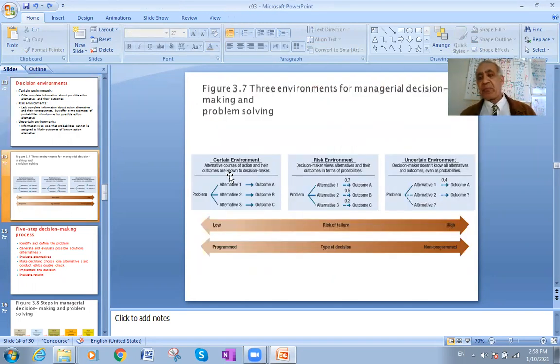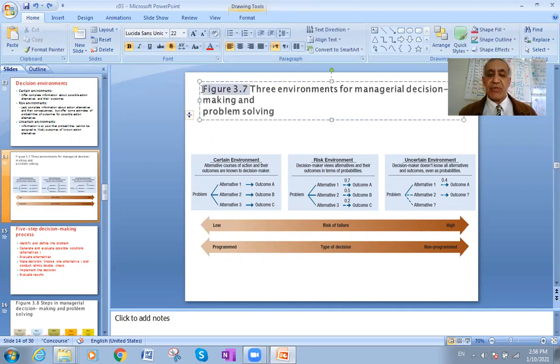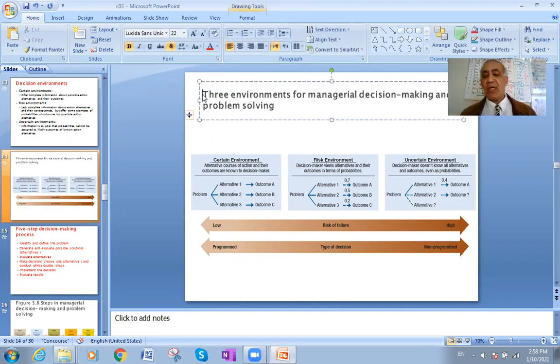Here we go, and here it shows you what we are talking about. Here it shows you the three types of environment for decision making. Those are the certain environments, on the other hand the uncertain environment, and in the middle, in between them, the risk environment.